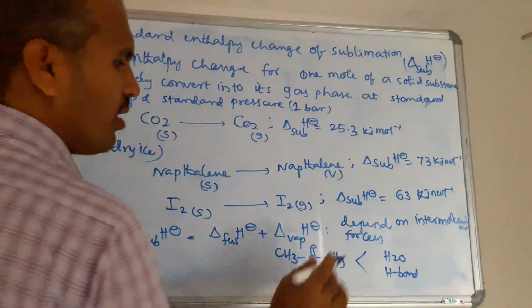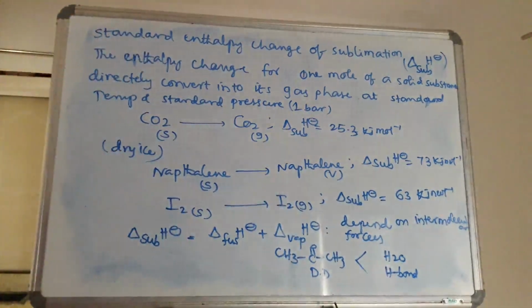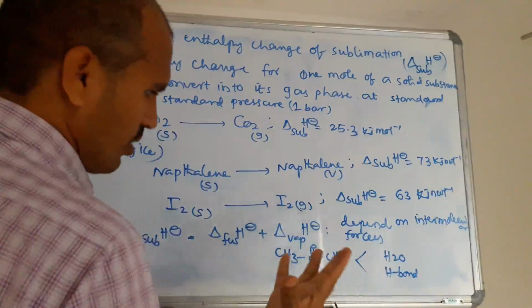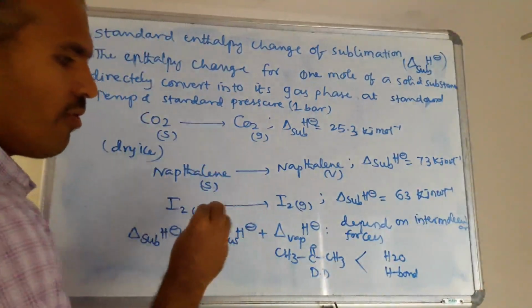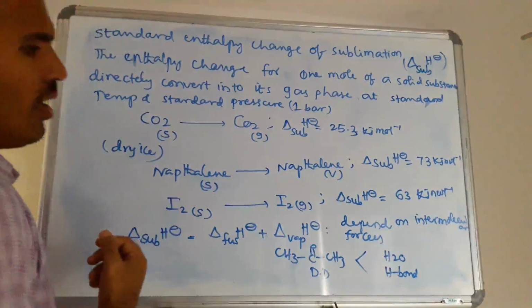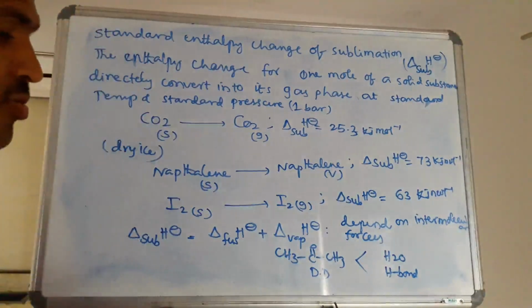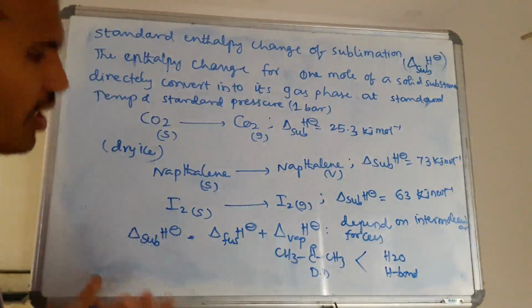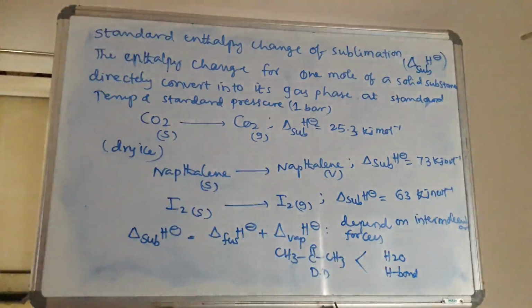So keep in mind, it depends on the intermolecular force of attraction. Where stronger forces are there, the enthalpy of phase transformation is more. Where weaker forces are there, the enthalpy of phase transformation is less, in any of these three phase transformations. It also depends upon the physical state of the reactant and the reaction conditions, but mainly it depends on intermolecular forces.